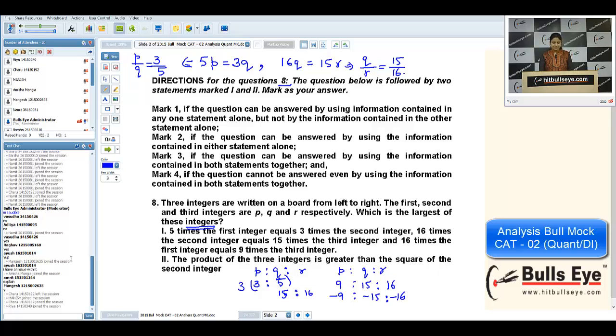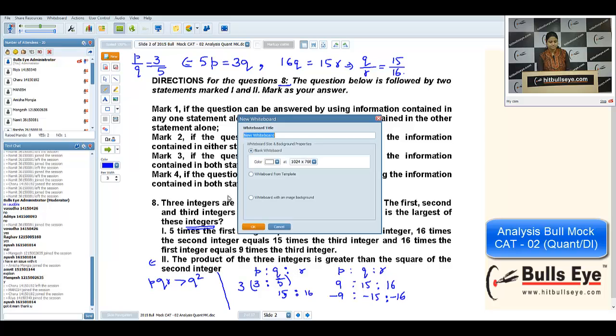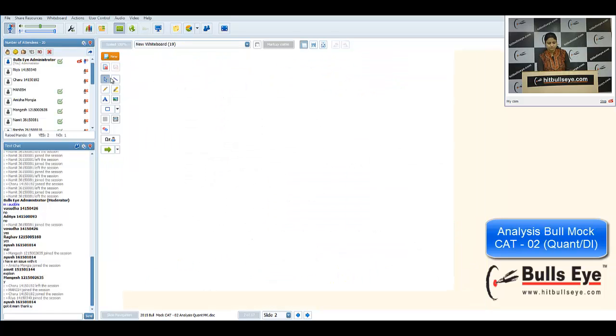Now I'm taking second thing. Second statement says the product of 3 integers is greater than q square. Product of 3 integers is greater than the square of second integer. That is PQR is greater than q square. If q is positive, q can be cancelled.